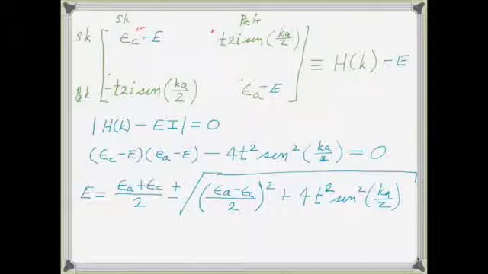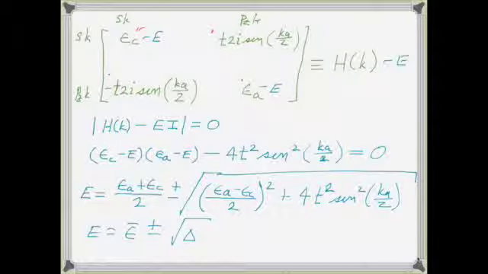So before you just had a t squared, and wherever you had a t squared in your homework, you just replace it by this 4t squared sine squared Ka over 2. That's exactly what you had in your homework. So this was our E bar. If we want to write it in that form, E is equal to E bar plus or minus the square root of delta squared. Is this how we define delta, EA plus EC over 2? I can't remember.